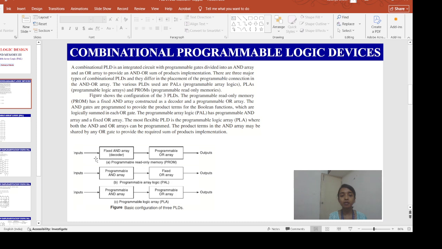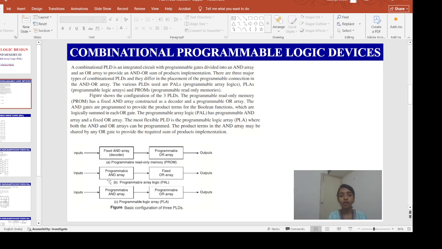The programmable read-only memory has a fixed AND array constructed as a decoder and a programmable OR array. The AND gates are programmed to provide the product terms for the Boolean function, which are logically summed in each OR gate.